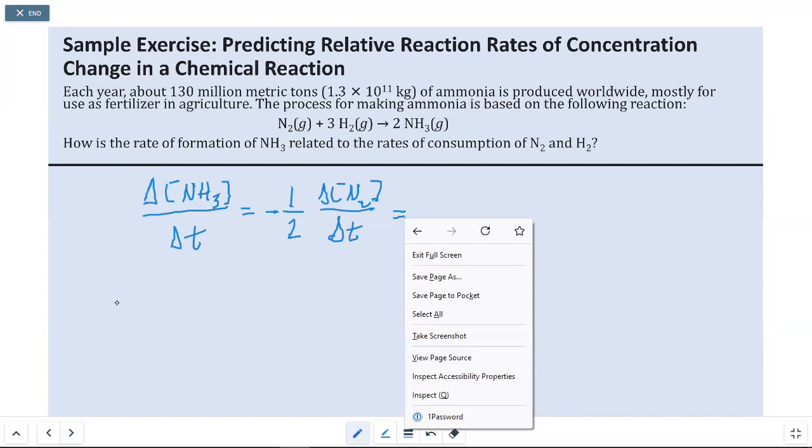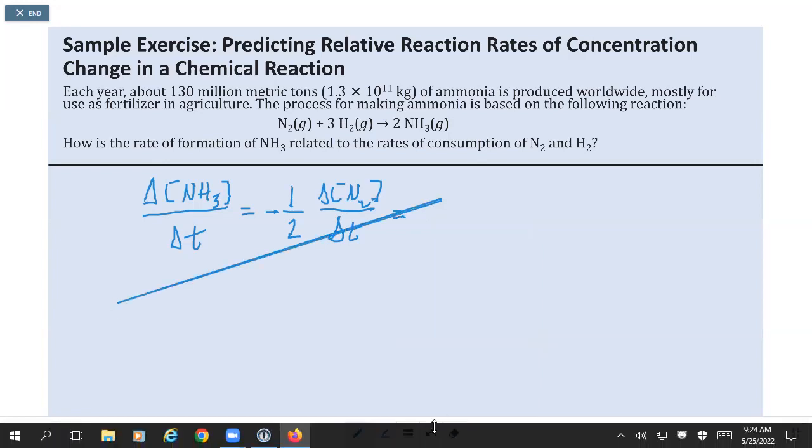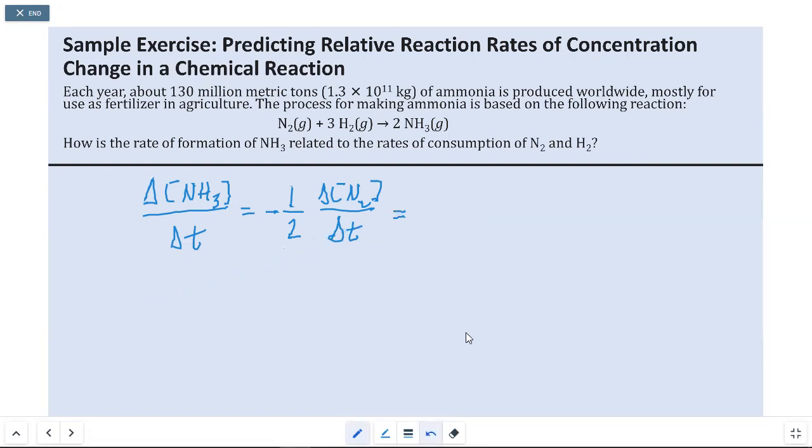Also in context, if I'm looking at the rate of change for hydrogen over time, again, it's going to be negative because it is a reactant.